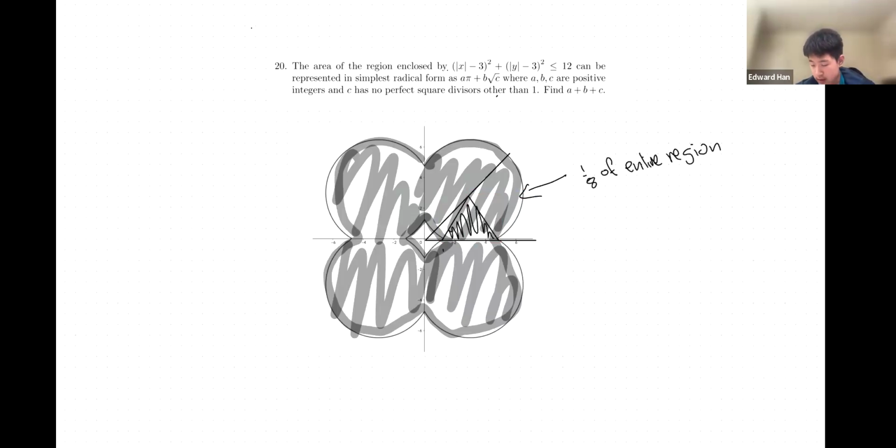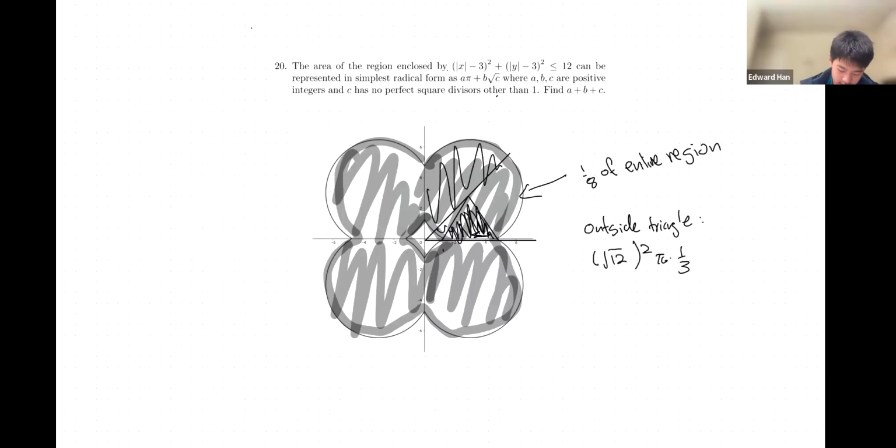The part that is outside of the triangle is just part of a circle. So it's root 12, which is the radius, squared, times pi times 1/3, since we can see this part takes up 1/6 of the circle, and this is 1/2 of the circle, so the rest is 1/3.